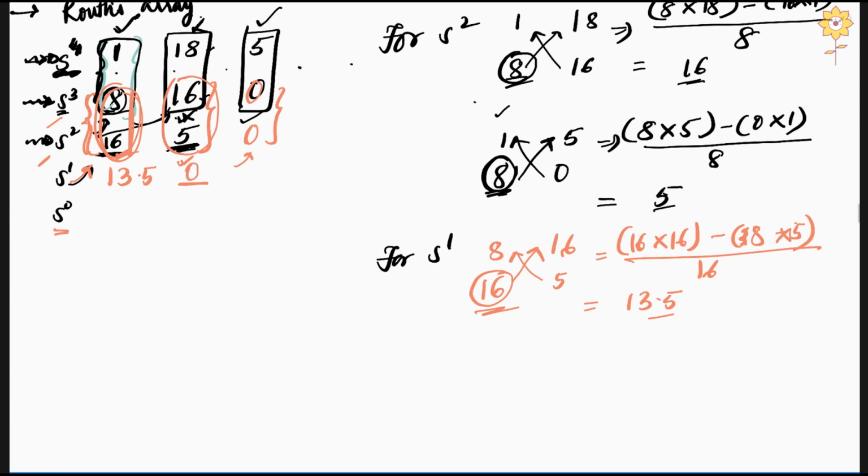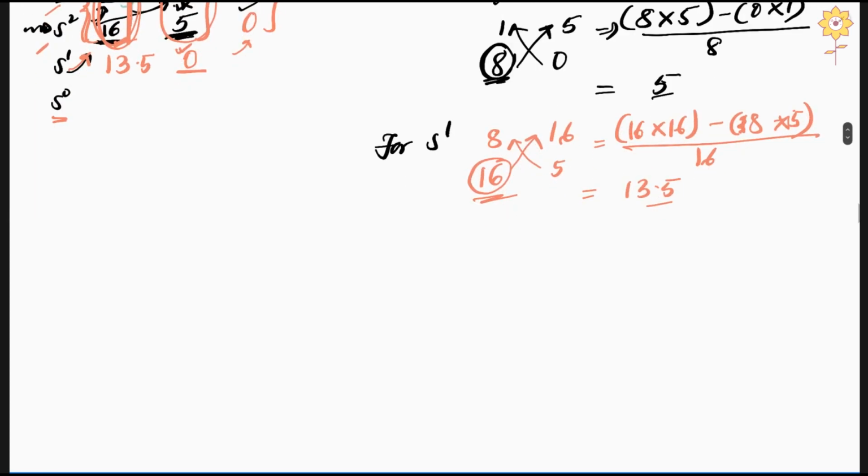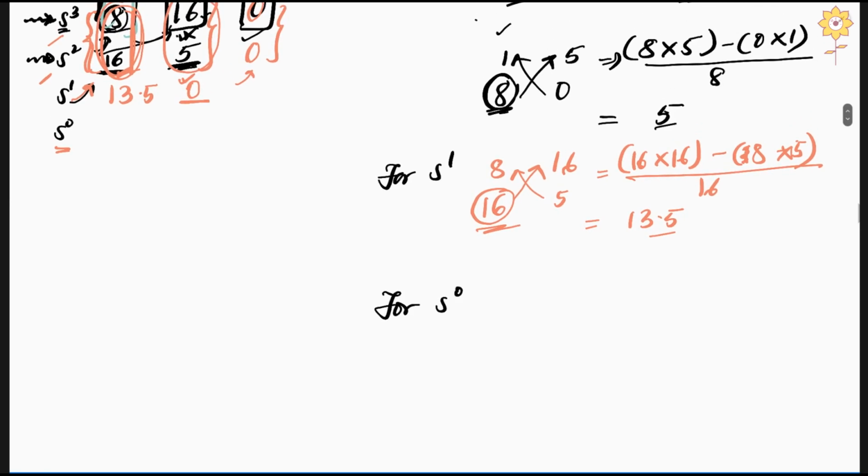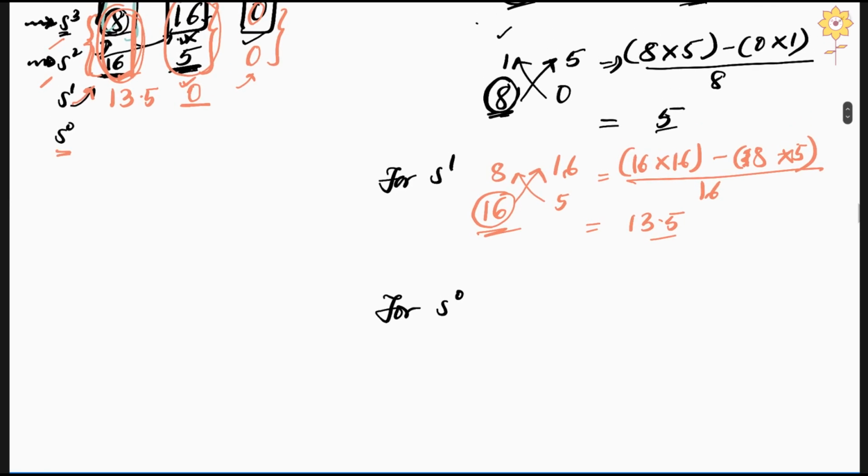Now, let us solve for S0. S raised to 0, we will be using the preceding 2 rows now, that is 16 and 13.5, and we have 5 and 0, okay, which is just beside it.